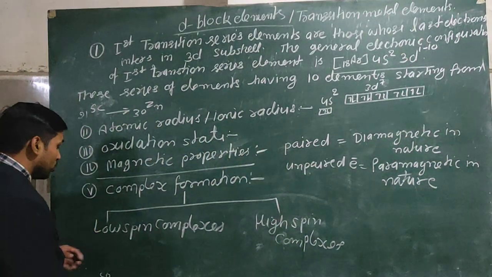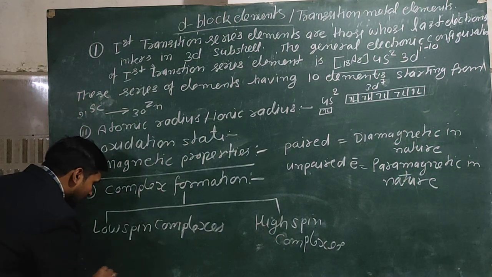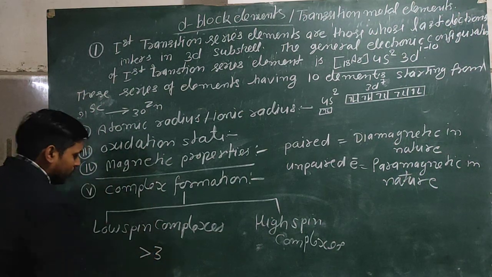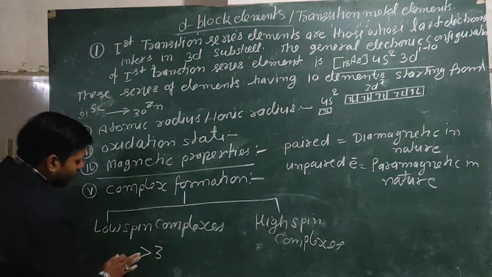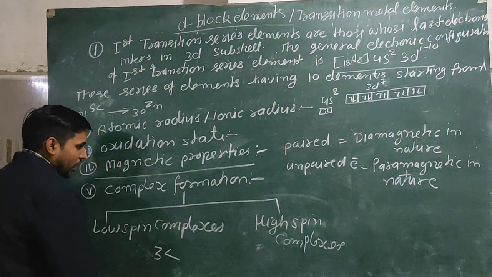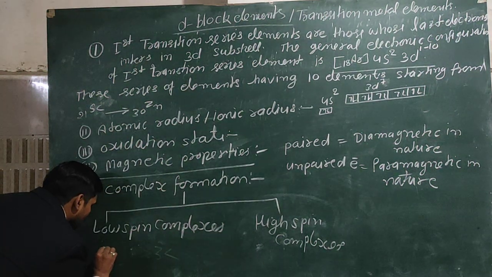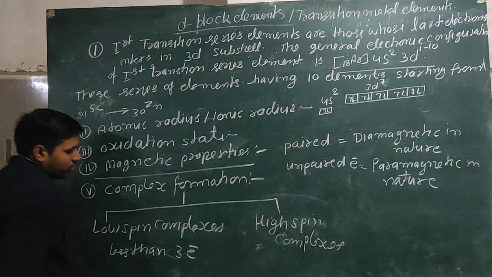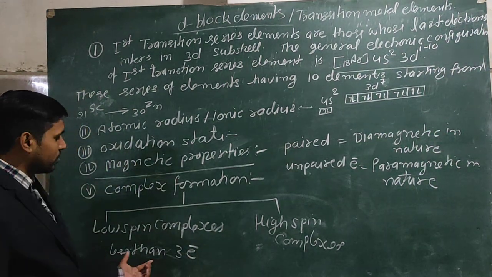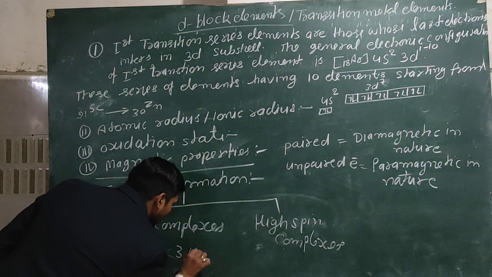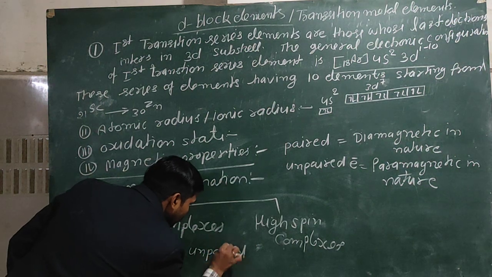Low spin complexes are those in which the number of unpaired electrons is less than 3. Okay, less than 3 unpaired electrons.